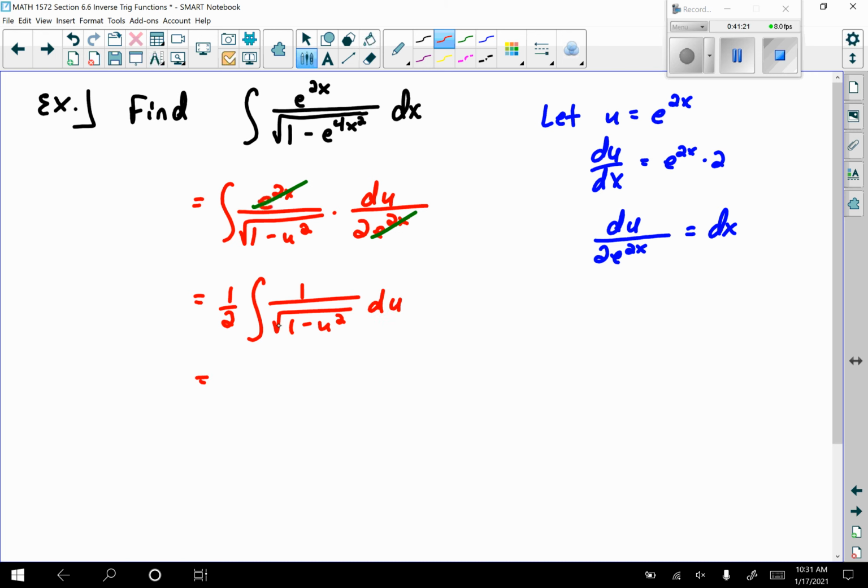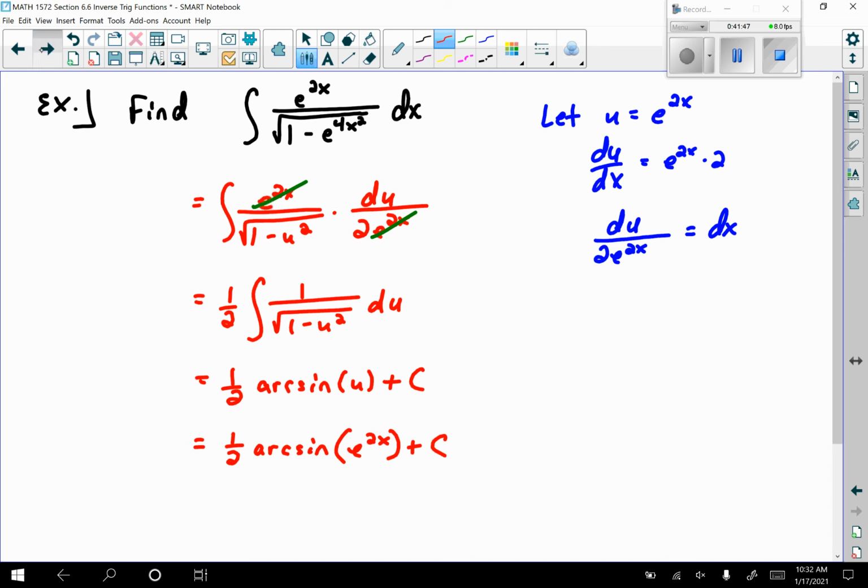And just like our last example, that is the derivative of arcsine. So the antiderivative of this is going to become our arcsine here. So we'll have 1/2 times arcsine of u plus c. Then we just bring back in what u is equal to. So 1/2 arcsine of e to the 2x plus c.